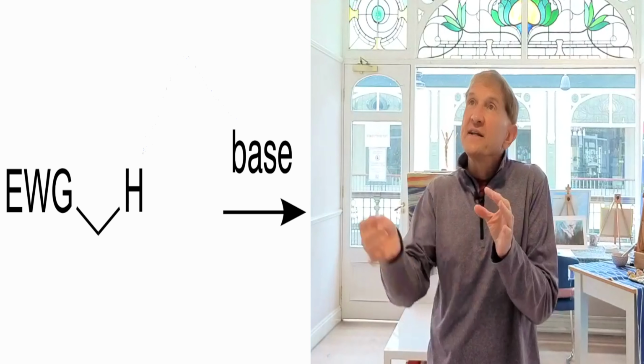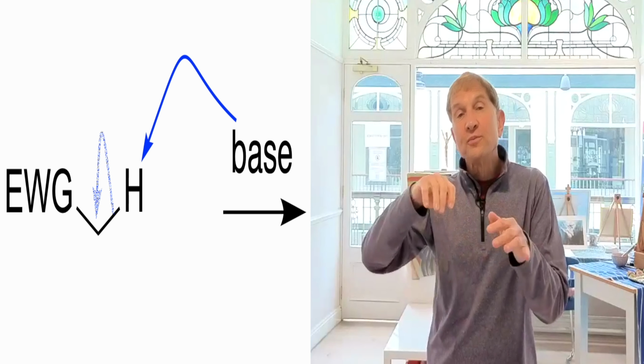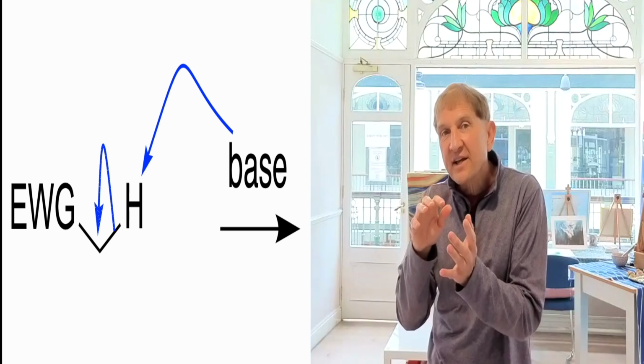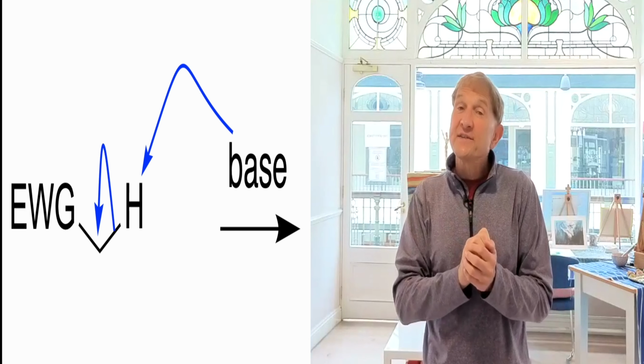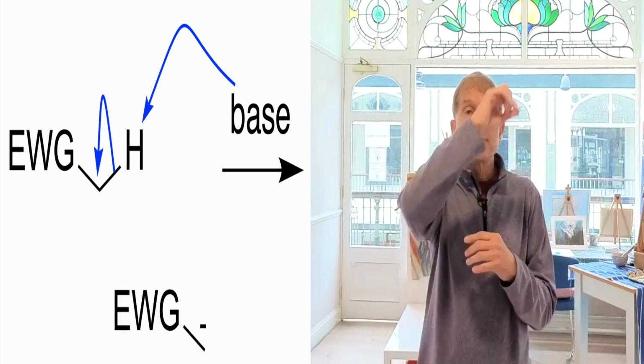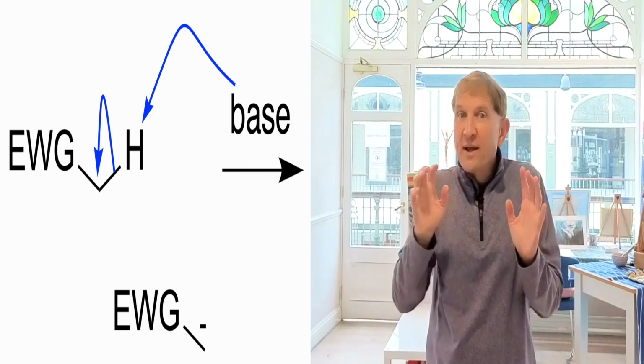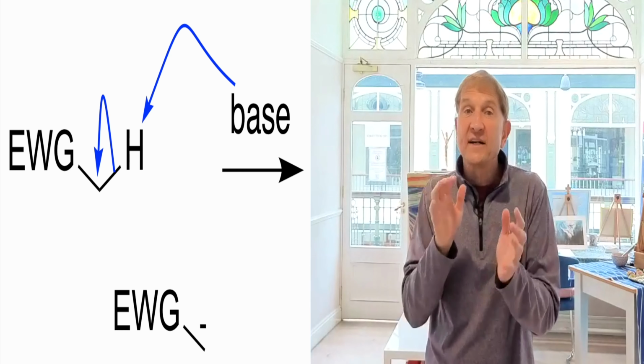The base deprotonates that CH and forms a stabilized carbanion. Because of resonance, most of the time, that negative charge will probably be on the oxygen of a carbonyl. But let's just represent it as a carbanion here.